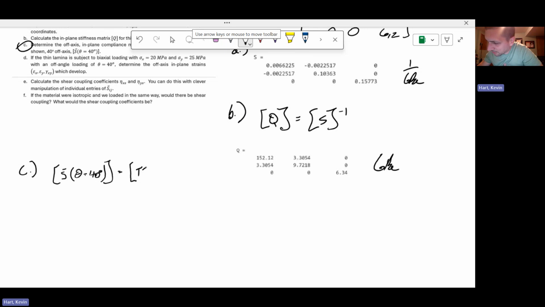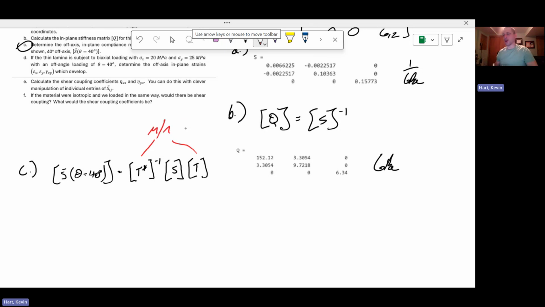It's T star inverse times S, which you have from part A, times T. All right. So this is generally the equation here. These are your rotational or transformation matrices that use M and N, right?